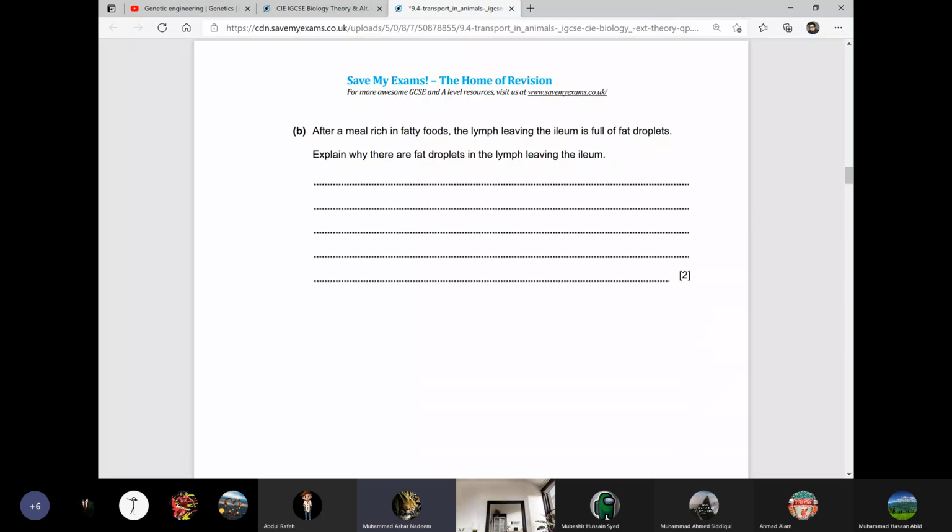Okay, boys, next question. After a meal rich in fatty foods, the lymph leaving the ileum is full of fat droplets. Explain why there are fat droplets in the lymph leaving the ileum. Now, boys, if you remember the digestive system in the absorption topic, what did we learn?